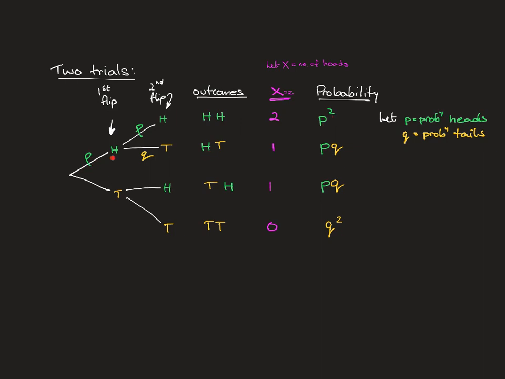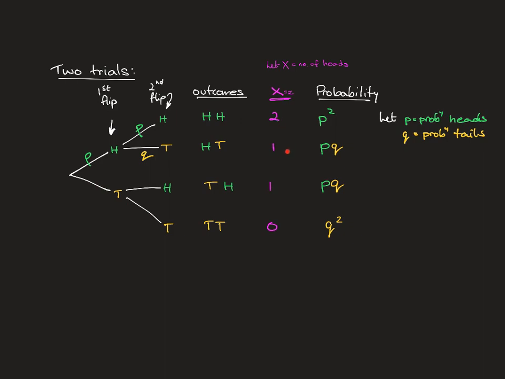One head and one tail is P times Q. One tail, one head is Q times P, or P times Q. It's exactly the same thing the other way around, but again our number of heads here is just one. And then the probability of two tails will be Q times Q, which gives us Q squared.